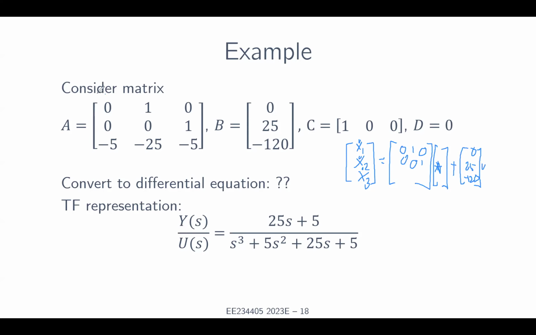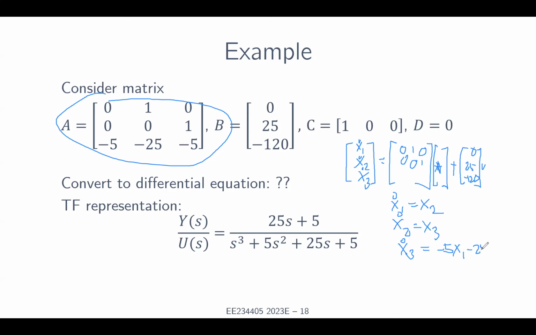So by looking only at this matrix, you can write x1 dot is x2, whereas x2 dot is x3, so x3 dot is minus 5 x1 minus 25 x2 minus 5 x3 minus, oh sorry, it has another value here, which is 25.